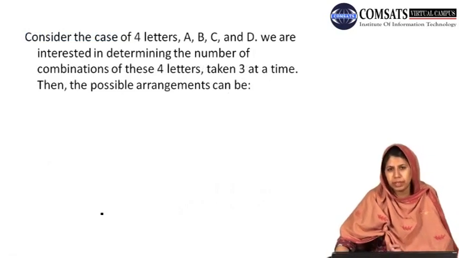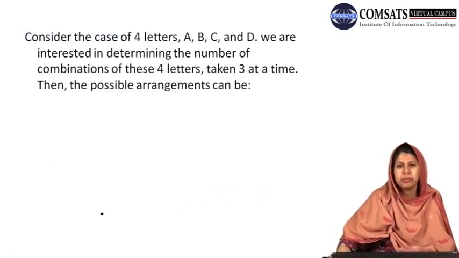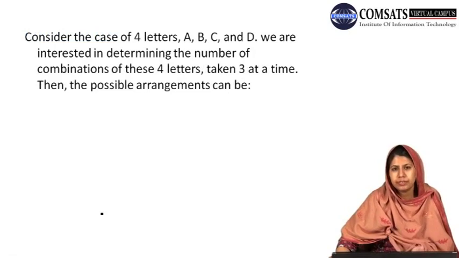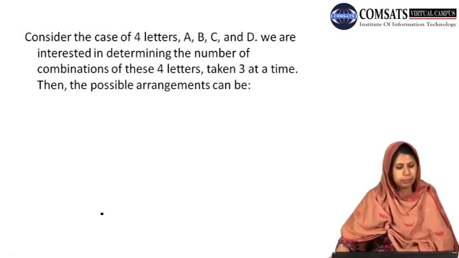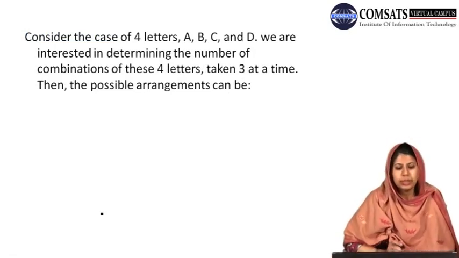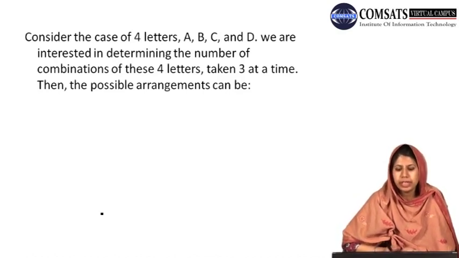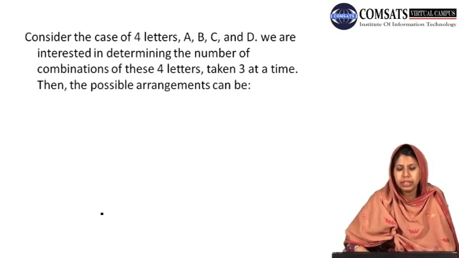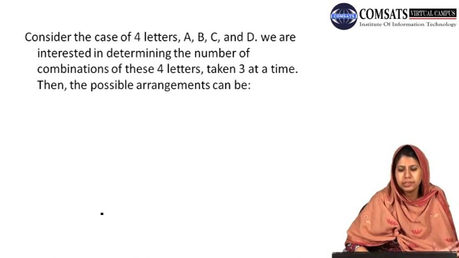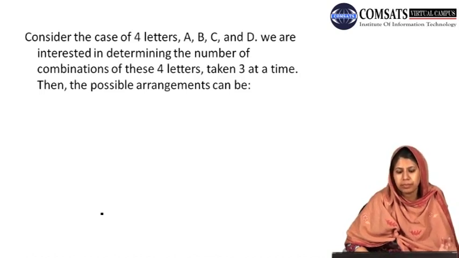Now we start with some examples to get a clear idea of what we mean by combination and what the difference is between combination and permutation. We consider the case of 4 letters A, B, C and D, and we are interested in determining the number of combinations of these 4 letters taken 3 at a time.